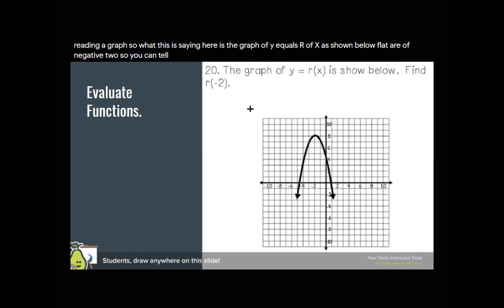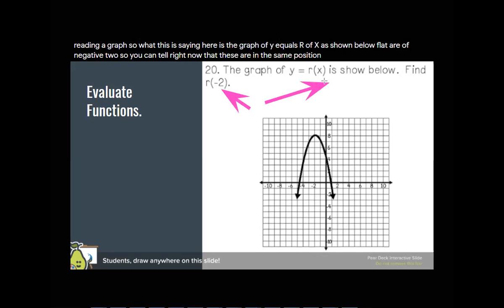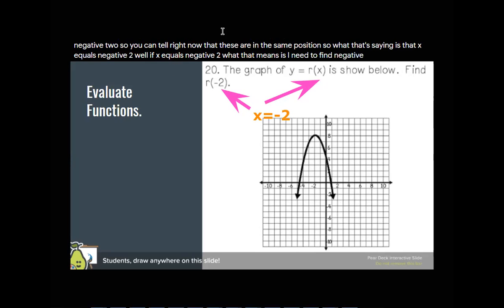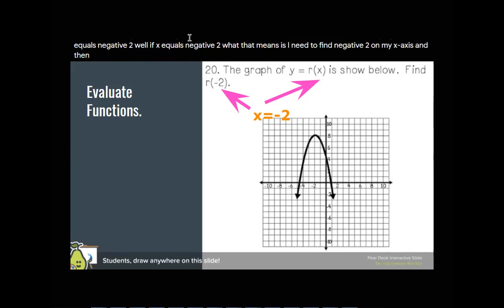So you can tell right now that these are in the same position. So what that's saying is that x equals negative 2. With x equaling negative 2, what that means is I need to find negative 2 on my x-axis, and then I need to find where the graph touches it and what that y value is going to be. So this is my x-axis and this is my y-axis.